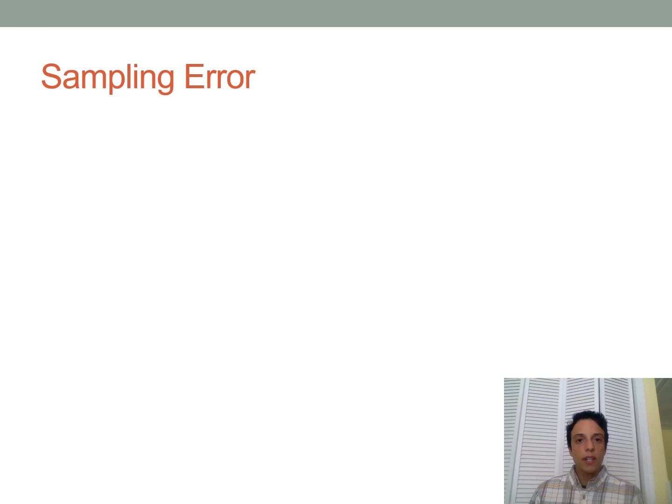All right, one more concept to go along with this. I said earlier that you can expect your sample characteristics to match your population characteristics aside from this random noise that comes from this being a probabilistic process.